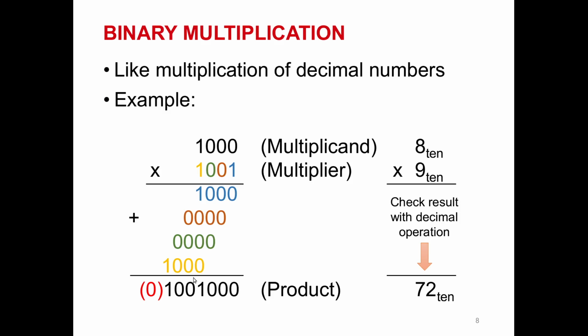We use 8-bit data because we consider this a positive value, so this hidden bit will be 0, implying a positive value. This positive value equals 72 in decimal, which is the result of 8 times 9.